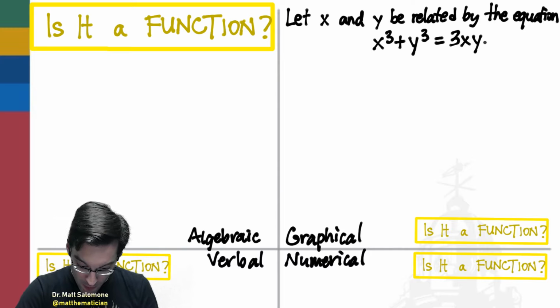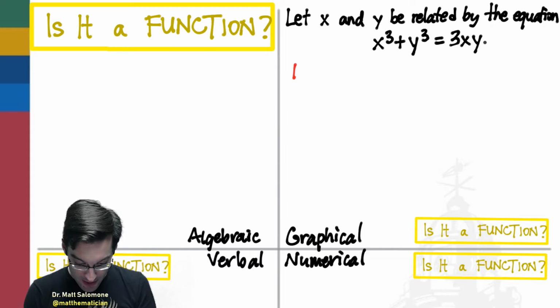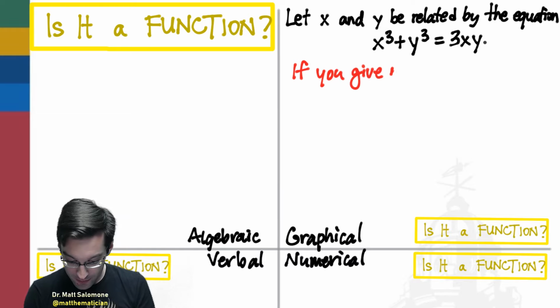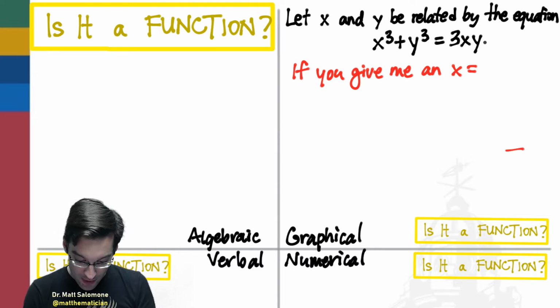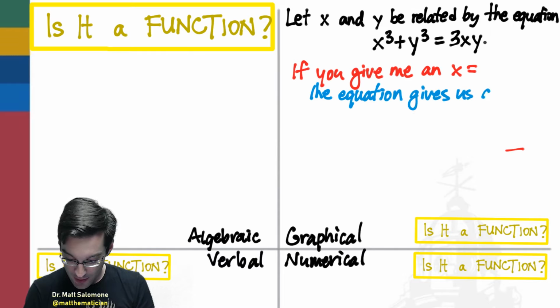Well, one way to think about it is this. If you give me a value for one of these variables, if you give me an x, for example, then the job of this equation is to hopefully provide us with the corresponding y. The equation gives us a y.